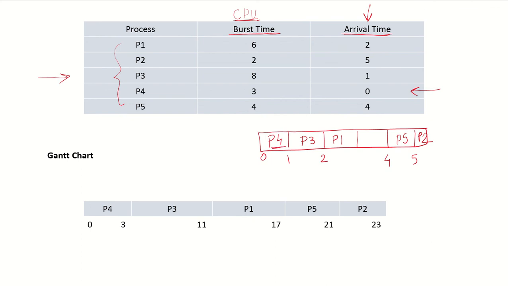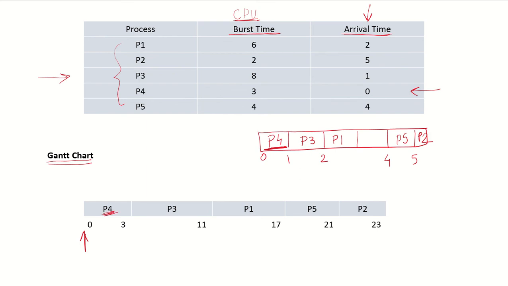So let's start with time 0. What we are going to draw is a Gantt chart which specifies the timeline of the execution of the processes on the CPU. At time 0 there was only one process, P4, in the system. So P4 is given the CPU first.